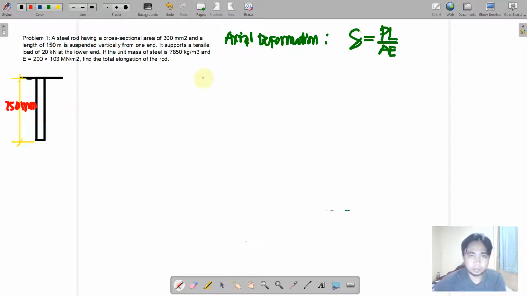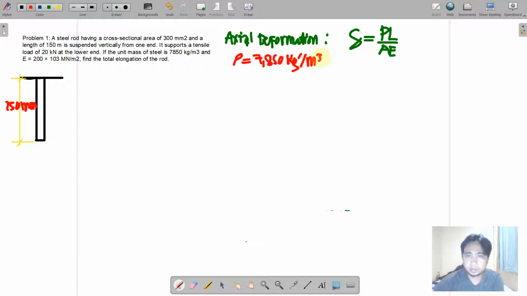So what are the givens here? We have 7,850 kilogram per cubic meter, which is identified as the density. So how shall we relate to this?